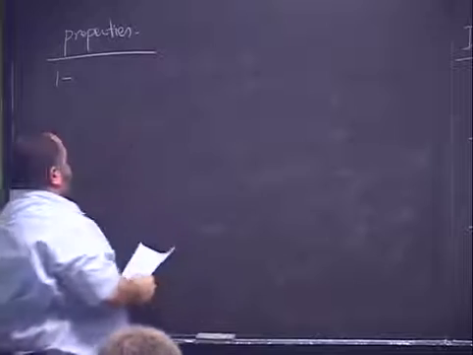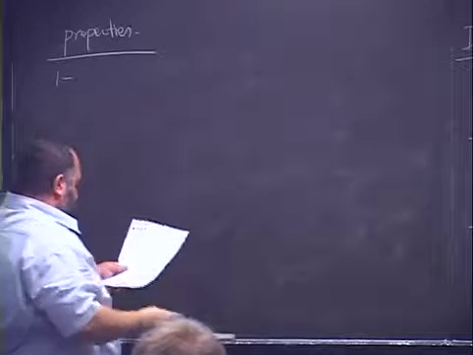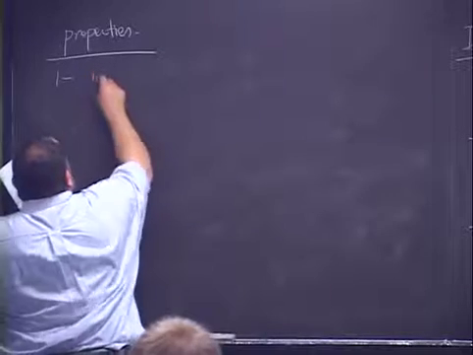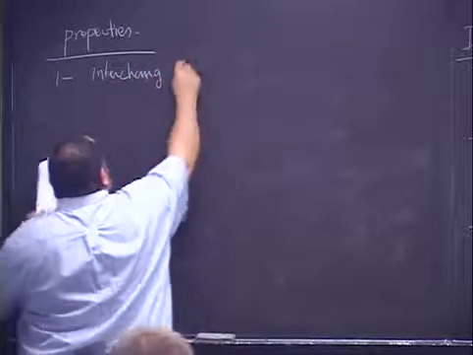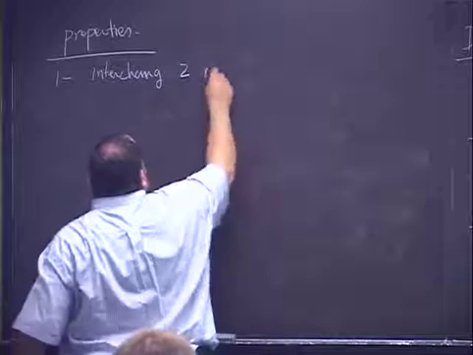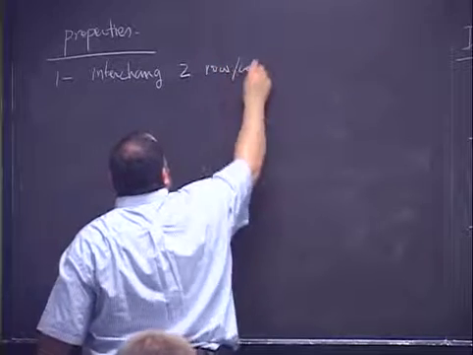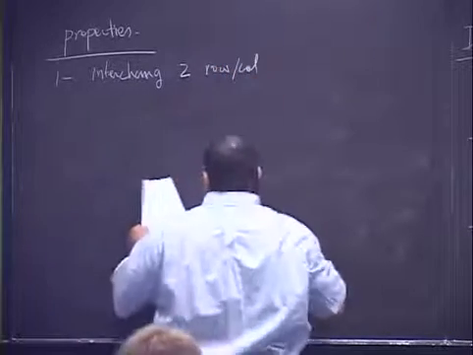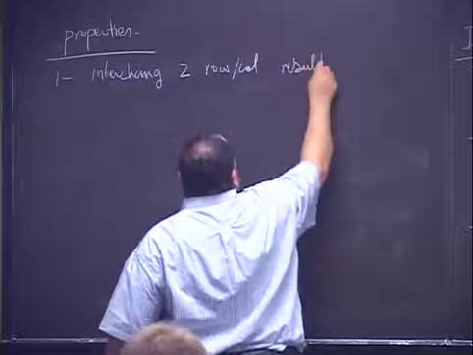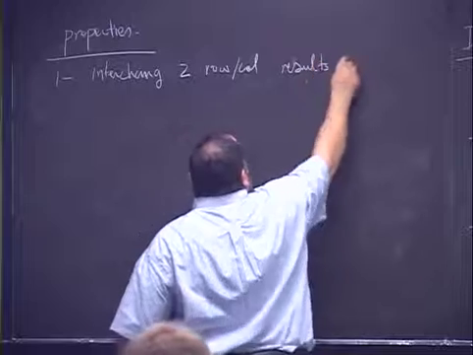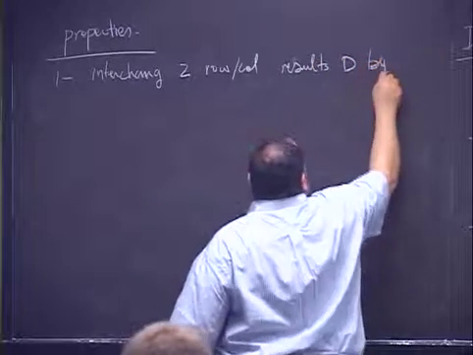I will give the properties here without proof. If you interchange two rows or columns, this will result in multiplying D by -1.